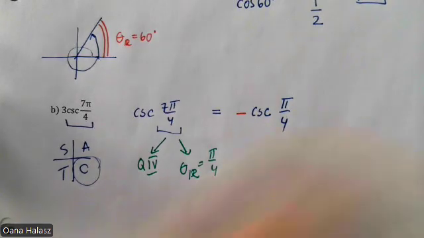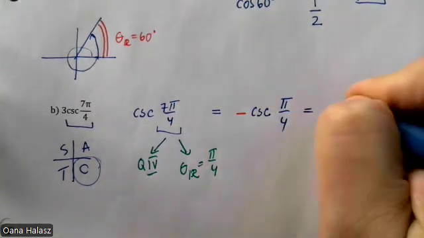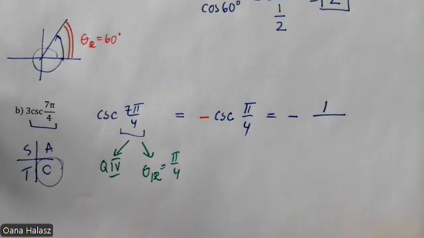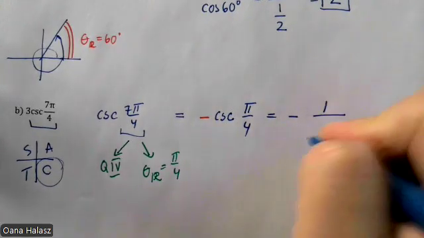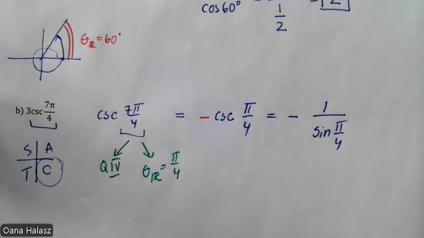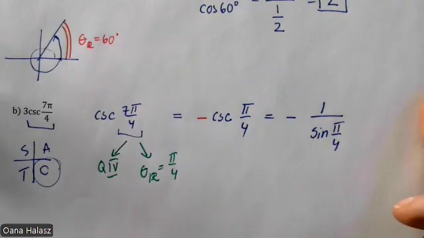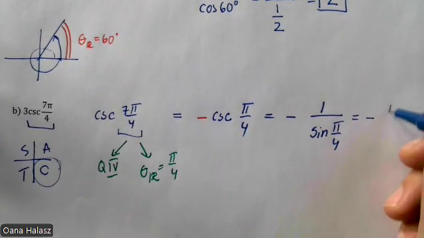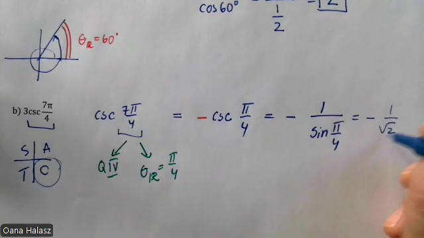So then we do equals negative 1 over. So we're going to the reciprocal function now. So 1 over sine of pi over 4. Negative 1 over square root of 2 over 2.